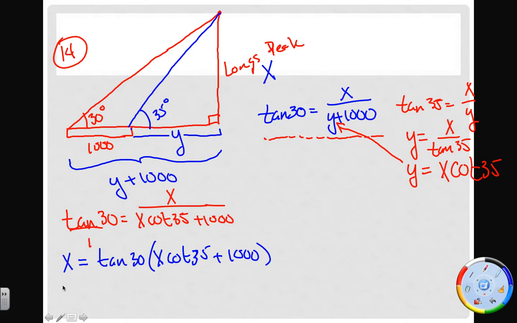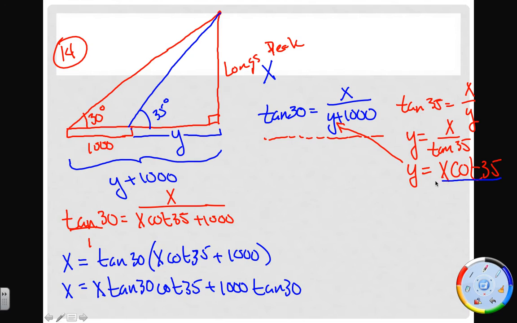If you distribute that tangent through, you get x tangent 30 cotangent 35 plus 1,000 tangent 30. And some of you have probably glazed your eyes over and you might have lost me by now. But just kind of bear with me here.